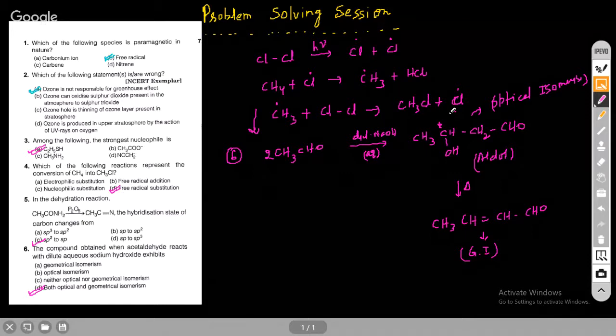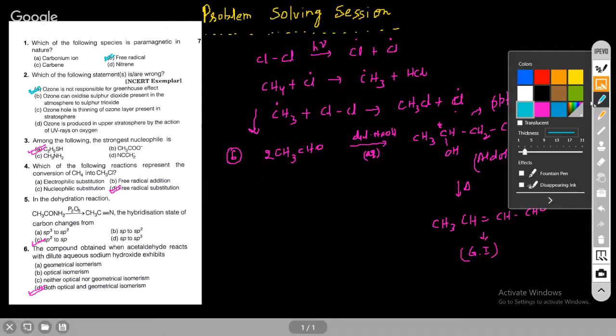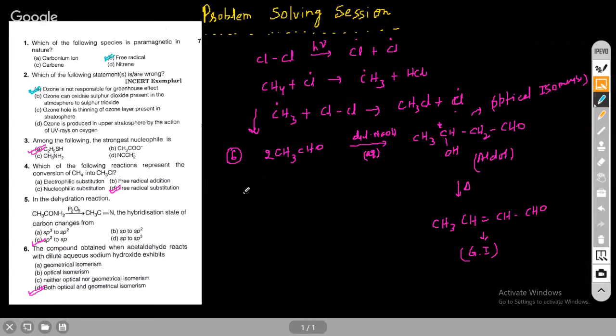One chiral carbon. Chiral carbon. So most of you are saying chiral carbon. You see, the condition for optical activity is only one, and that is chirality.